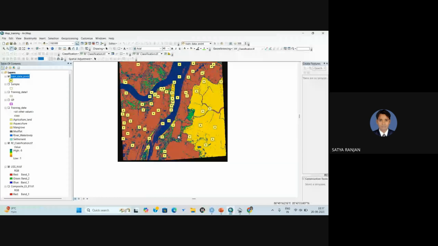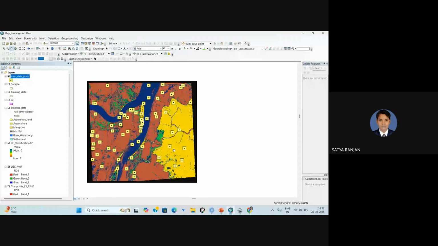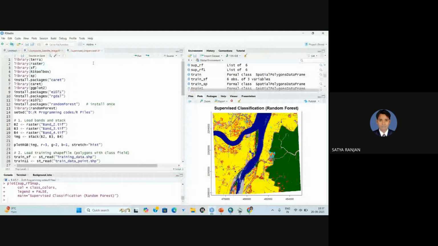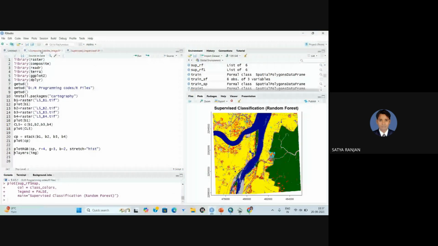Likewise, you can do unsupervised and supervised classification using different methodologies.